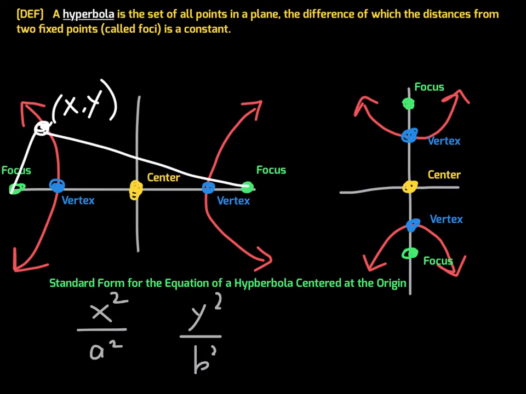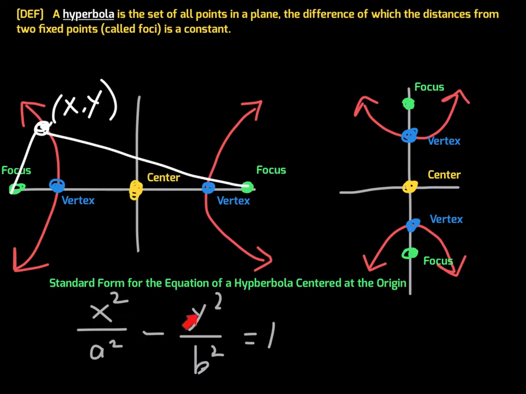That already looks familiar, doesn't it? Is equal to 1. This looks like the equation for an ellipse. Instead, you're going to have a minus here. That minus, that difference, is coming from that word difference in the definition for a hyperbola. Notice the only difference between the equation for a hyperbola and an ellipse is the plus sign right here.